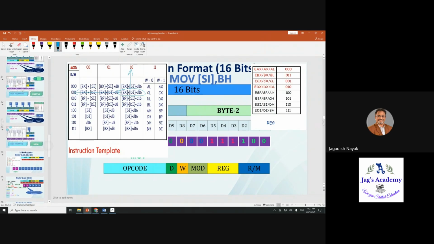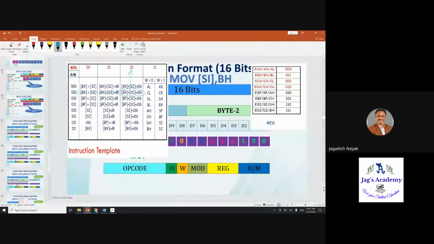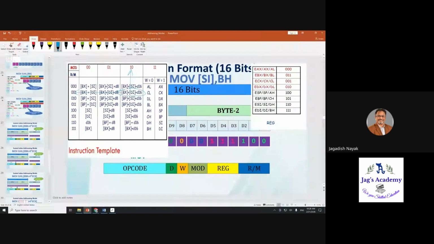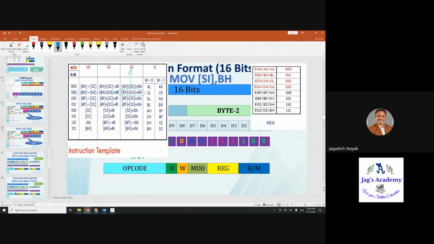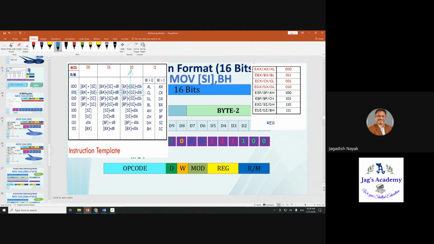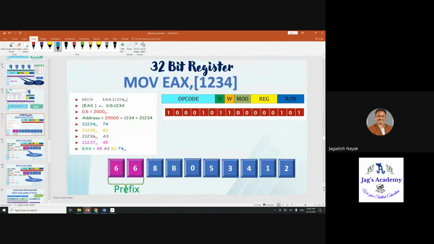Let me check somewhere. Here it is. Okay, see, here there is a register violation, right? EAX.